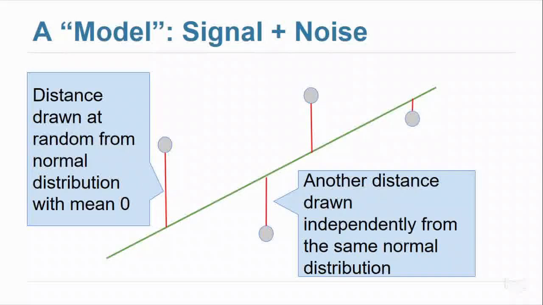And we think of that line as being the true line, a true regression line, that underlies the generation of these x and y pairs, but we don't actually get to see that true line and the results of the x and y pairs on that true line. Instead, we observe those y values plus some noise. And that noise we assume to be randomly drawn from a normal distribution that has mean zero and has constant variance or standard deviation across all the different x values.